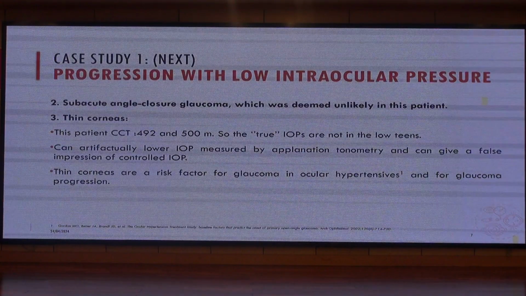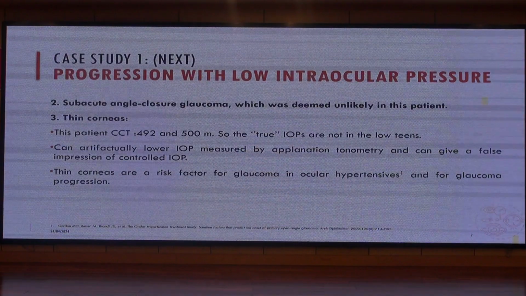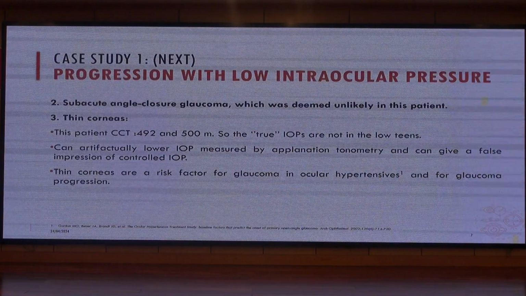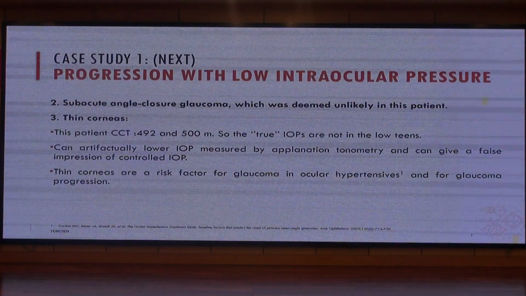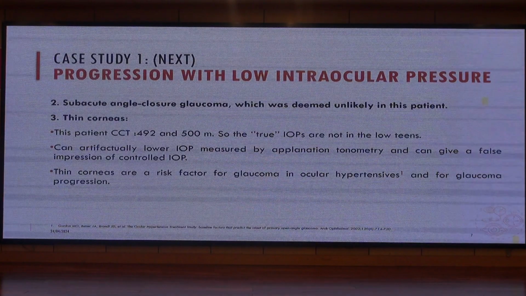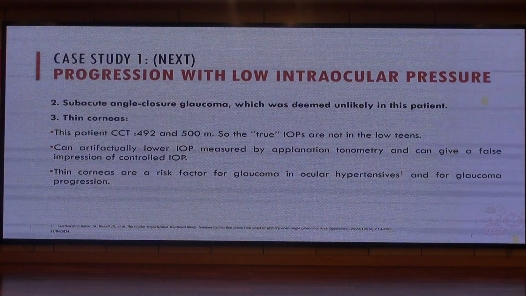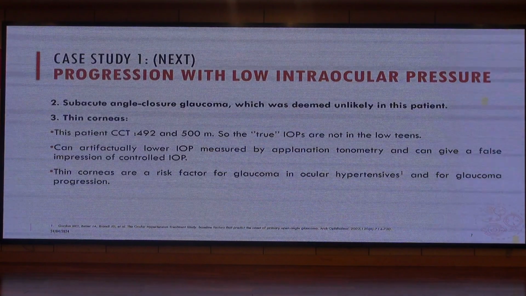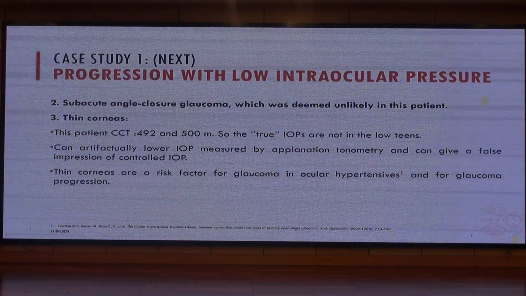Thin corneas can artificially lower the IOP measured by applanation tonometry and give us a false impression of controlled IOP. When we see such a low IOP, we are satisfied and think that's enough. But if the patient has thin corneas, we should estimate the real IOP to have a proper treatment strategy. Thin corneas are also a risk factor for glaucoma in ocular hypertension and also for progression in glaucoma.